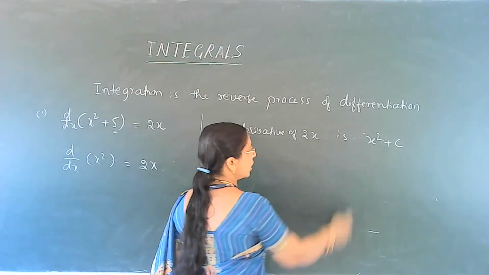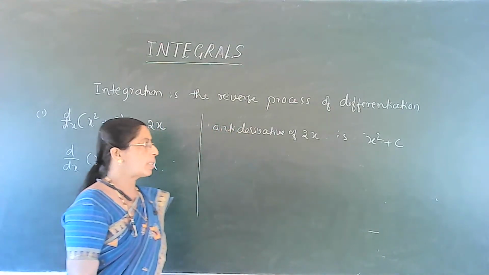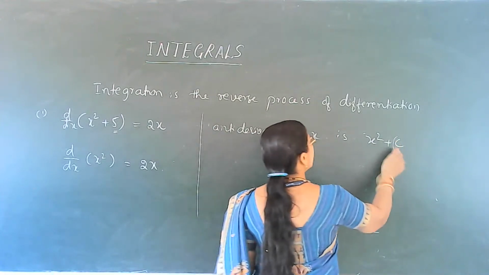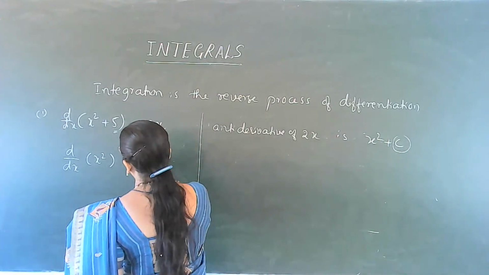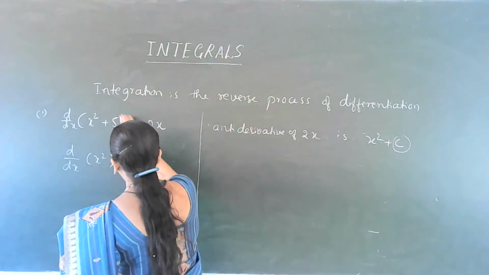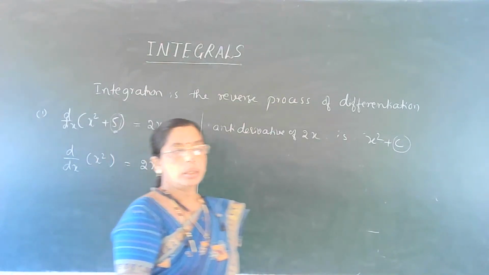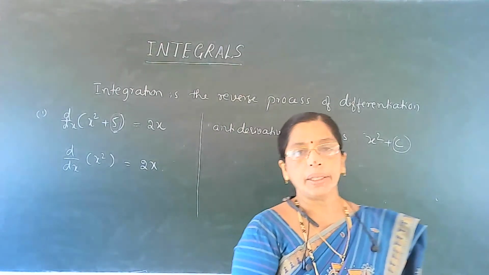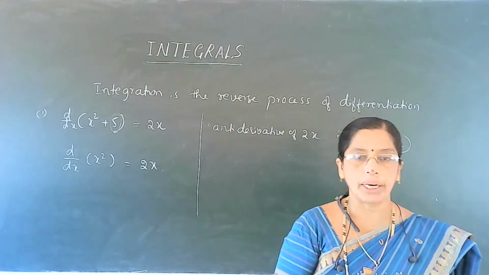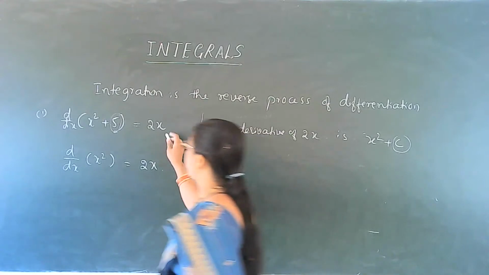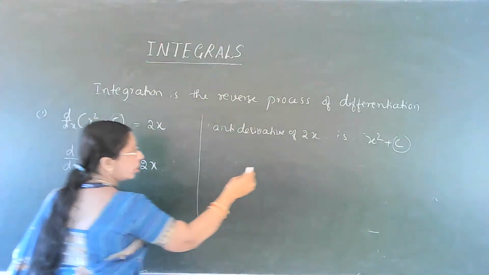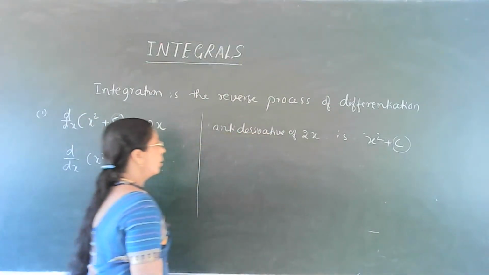The antiderivative of 2x is x square plus c. C may be 5 here, 0 here. Therefore, in indefinite integrals, we have to write the constant c.